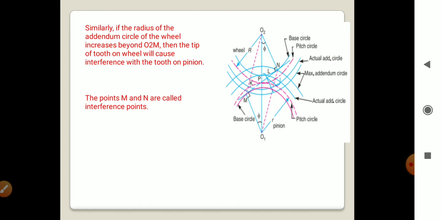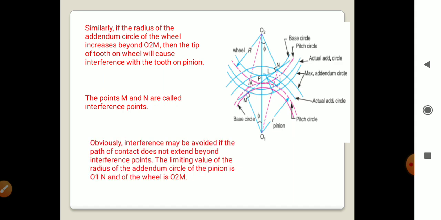If we increase the radius beyond point N, interference occurs on the wheel side. These two points are the limit points. To avoid interference, we cannot increase the radius beyond these points M and N.